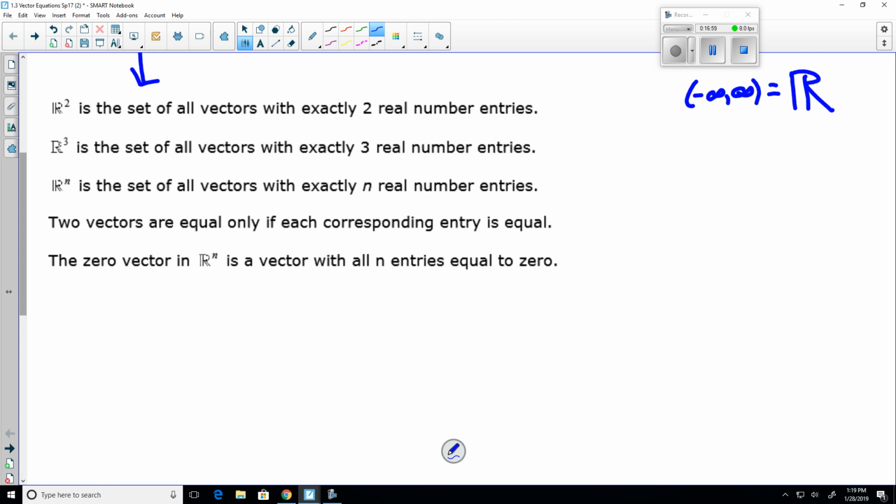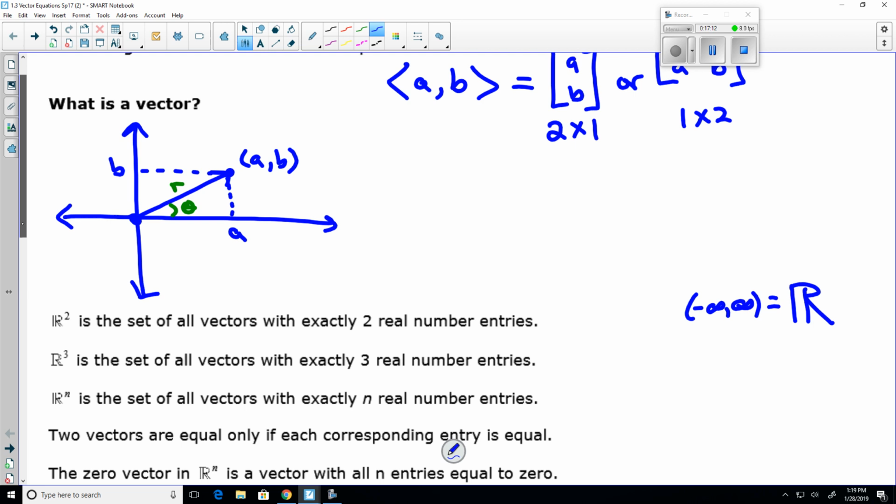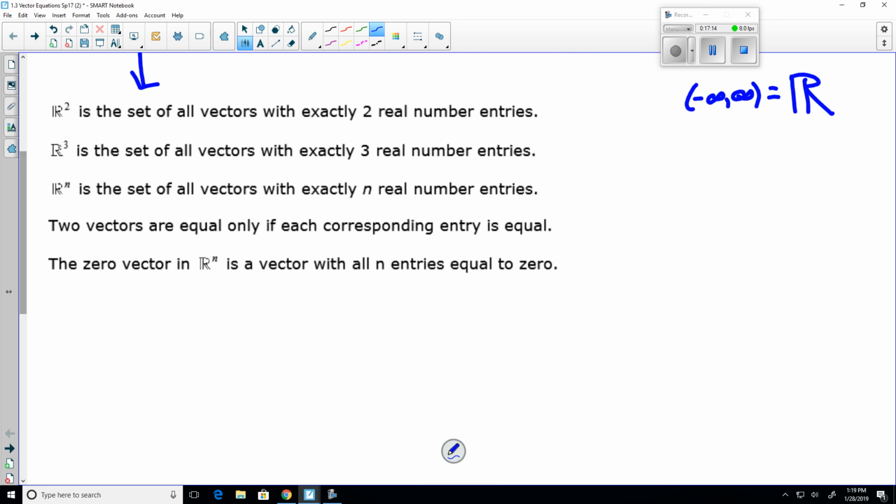So the ones that I wrote here are in R2 because they have 2 entries. And I drew it in 2 dimensions. Okay. If it's a 3-dimensional vector, it has 3 entries, we'll say it's R3. And if it's higher dimension, you can say R4, R5, or R100.